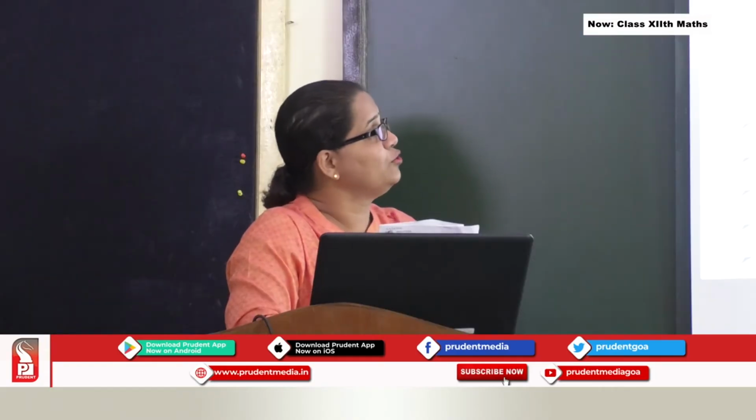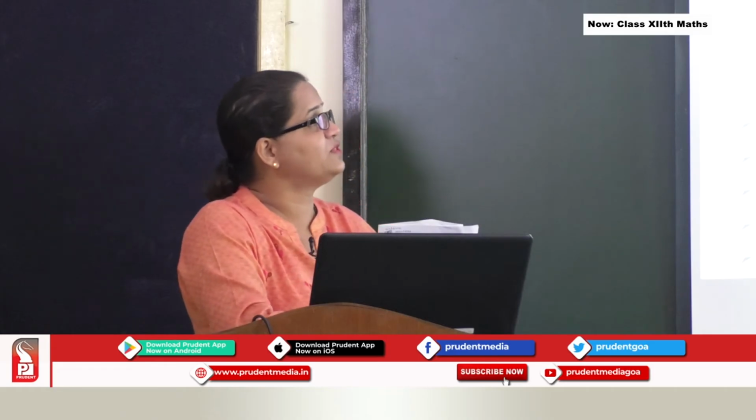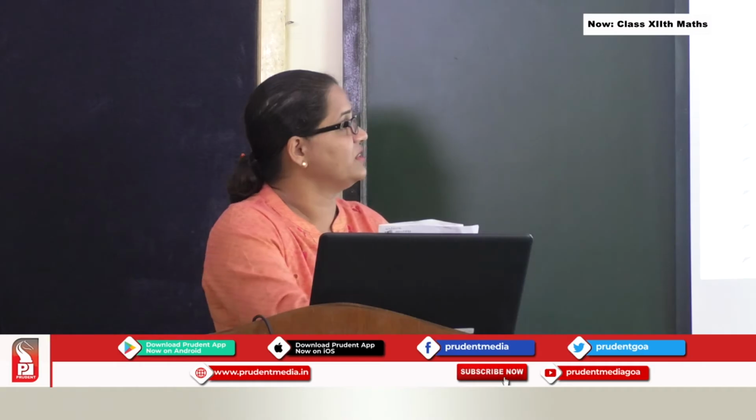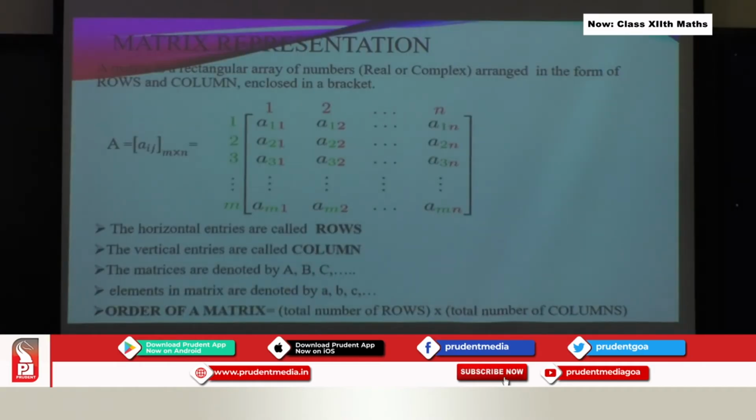Now let us look at the different terms we use in this matrix representation. These horizontal entries are called rows. These vertical entries are called columns.